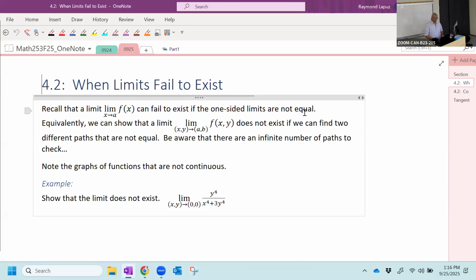Equivalently, we can show that the limit doesn't exist if we can find two different ways to get to that point that give us two different answers. And if that happens, then the limit's not going to exist.